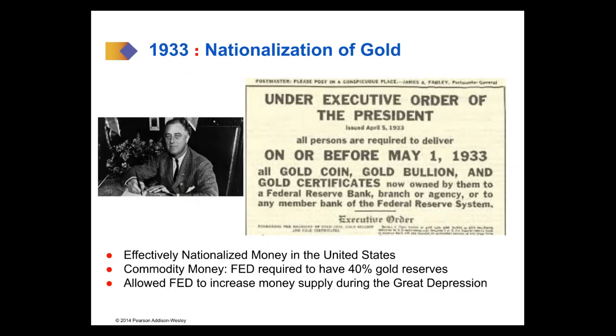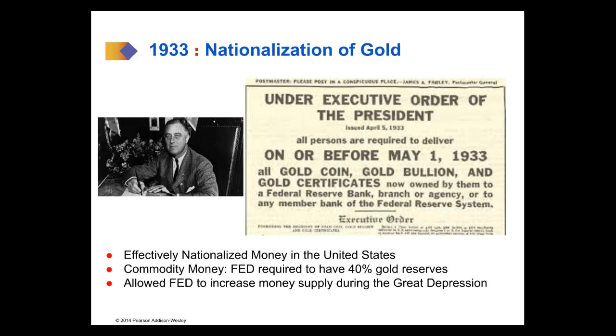In 1933, at the beginning of the Great Depression, there was an executive order by the president that nationalized gold. It was against the law to own gold. People had to turn in their gold, except for a gold ring or jewelry or something like that you can keep.